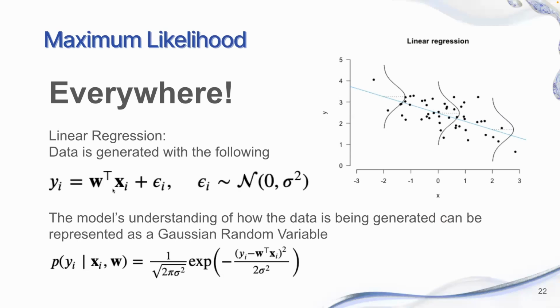So W times X is your mean value, because that's where the data is most likely to be at, right? But there's some noise, so that's why you have a variance or standard deviation around it. So now instead of predicting exactly on the line, you're also predicting data surrounding the line, if that makes sense.